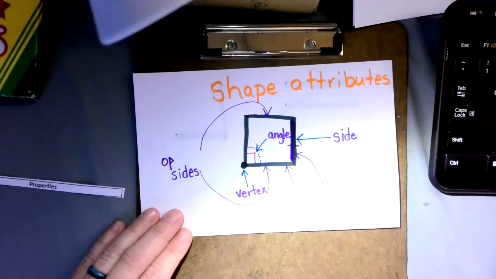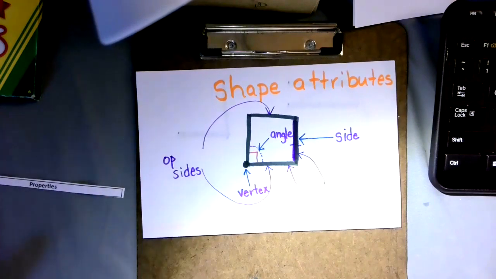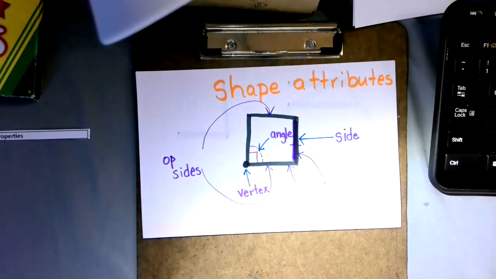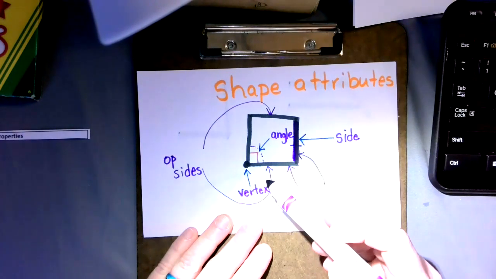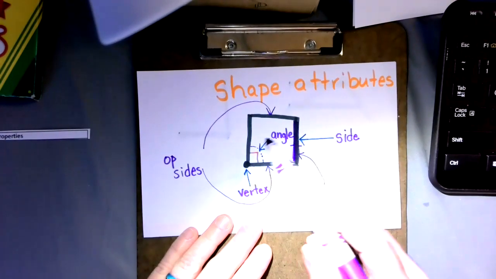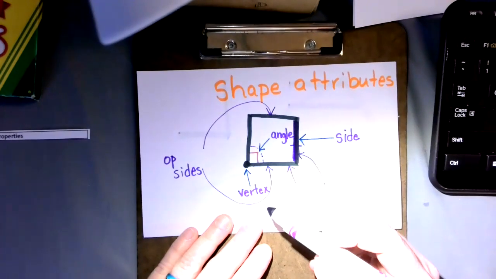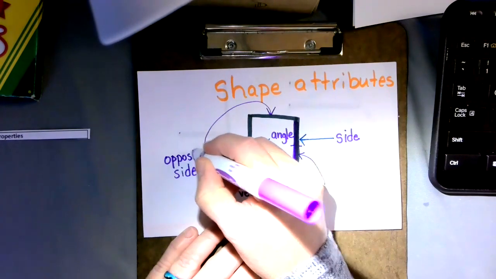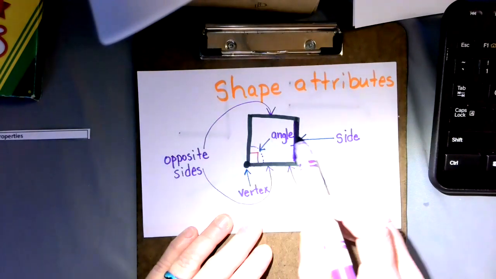Right and left? Are they on the same side, or are they on the opposite side? Opposite. There we go. Opposite sides, and the right and the left are opposite.